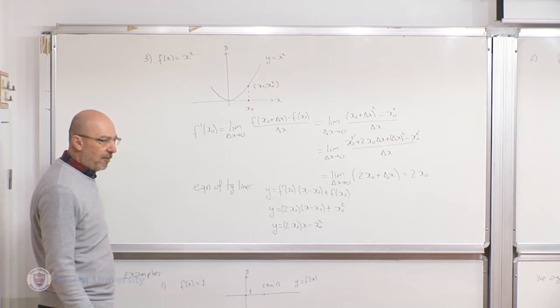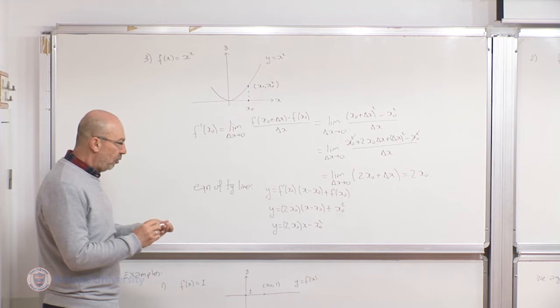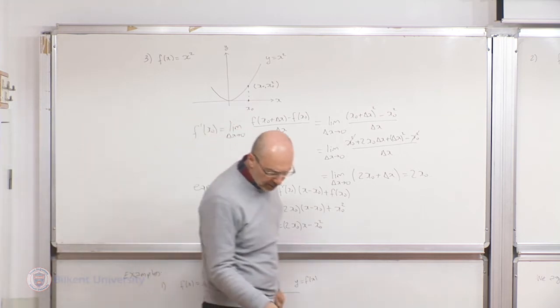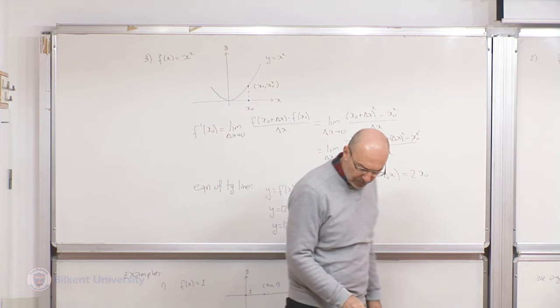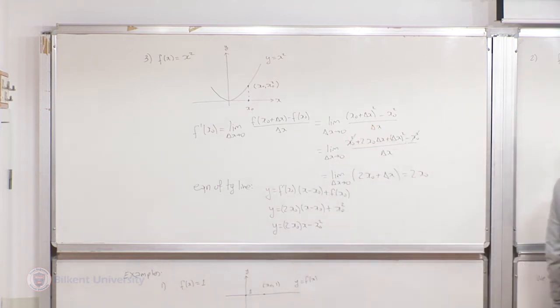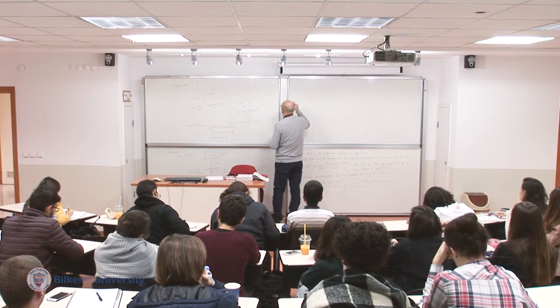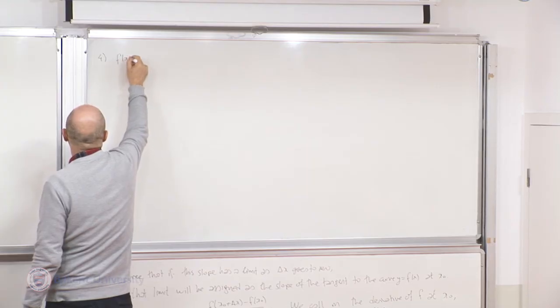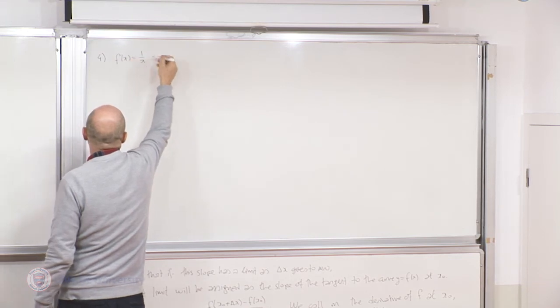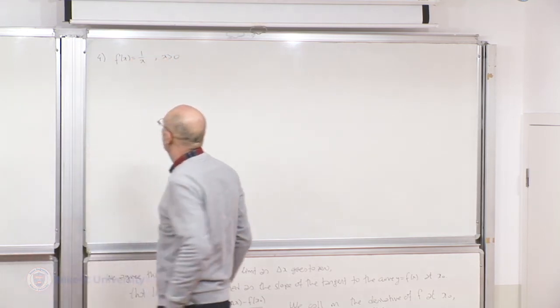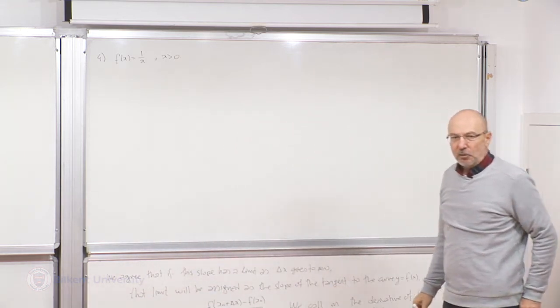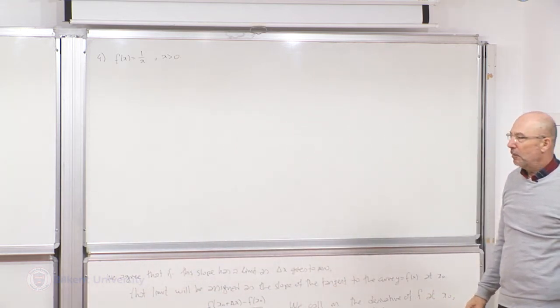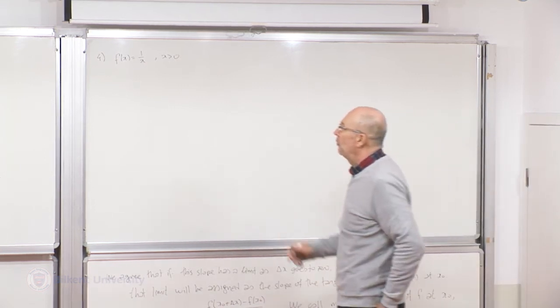So this is the tangent line. Okay, so now let's do 1 over x, and also we have square root of x. Okay, so let's check. f of x equals 1 over x. So let's do this for x positive. We know that there's also a branch on the negative side, but we'll check the derivative at only one point.